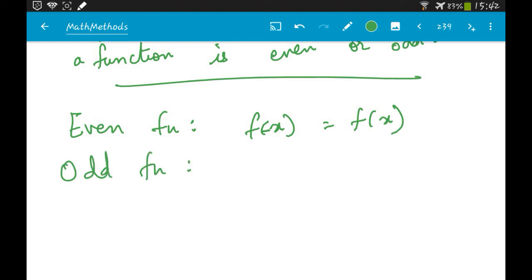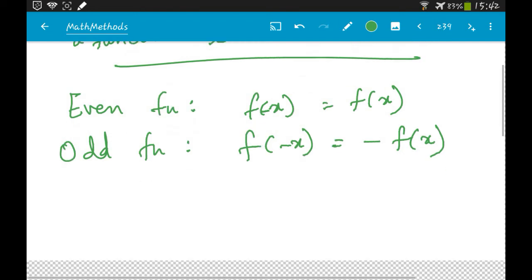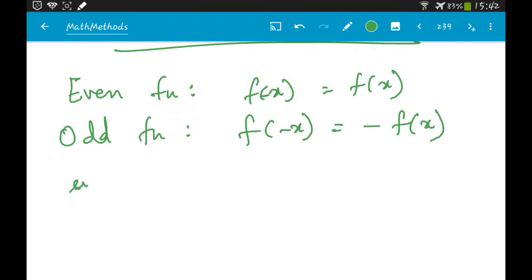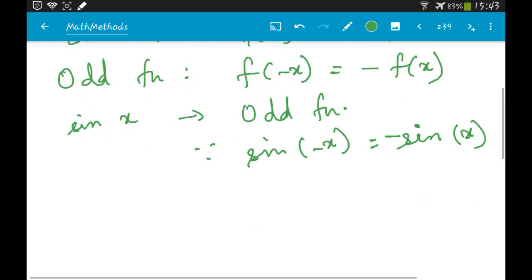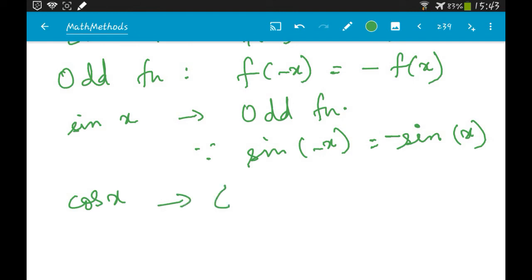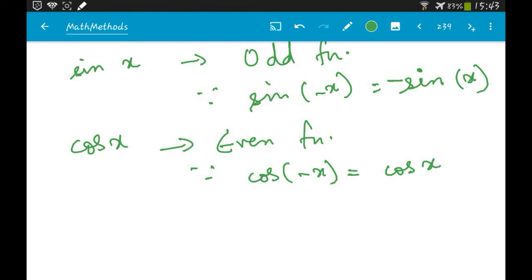An odd function has f of minus x equal to minus f of x. Sine x is an odd function, because sine of minus x is equal to minus sine of x, and cos x is an even function since cos of minus x is equal to cos x.